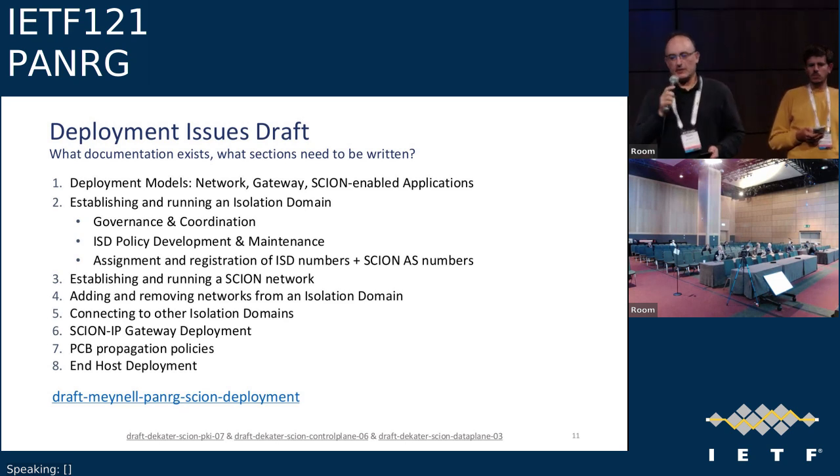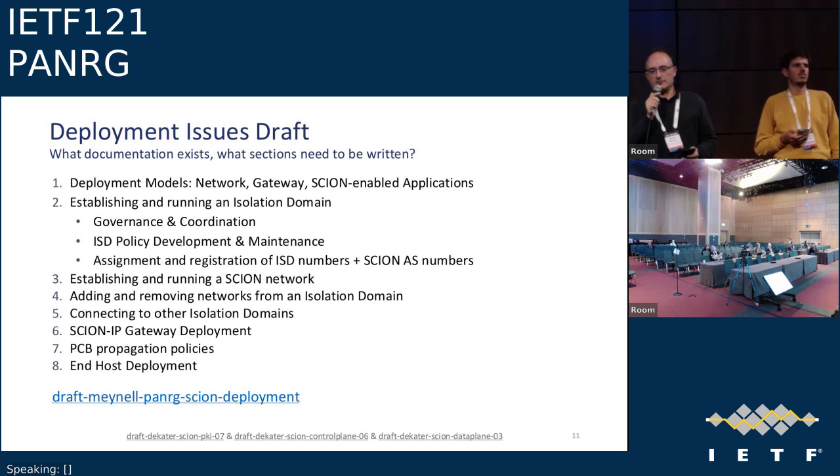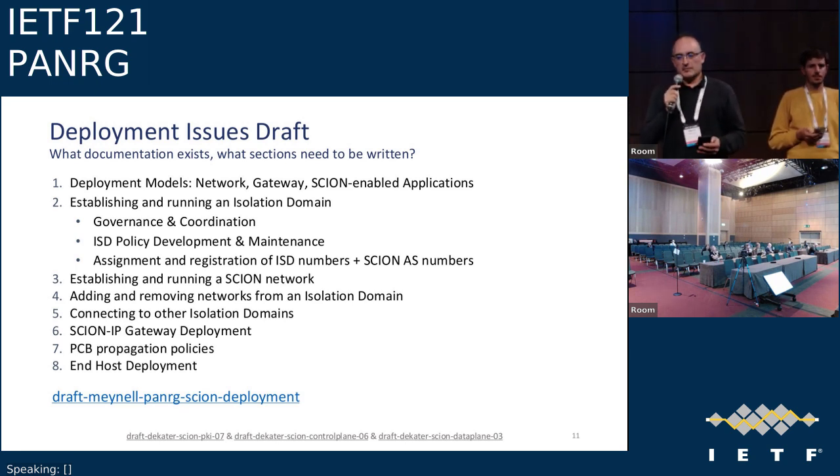Going down the list, some of these are probably self-explanatory: how you establish and run a Scion network, how you add and remove networks from an isolation domain. But there hasn't been a lot of deployment of connecting between isolation domains, so there isn't a great deal of experience around that at the moment. We're interested to try this and then document it.